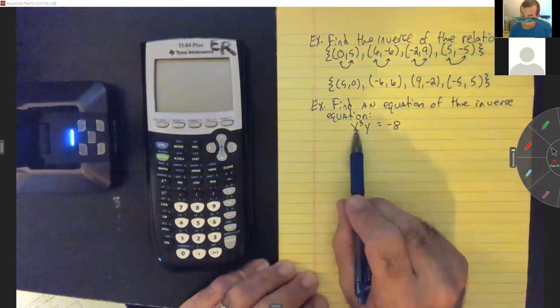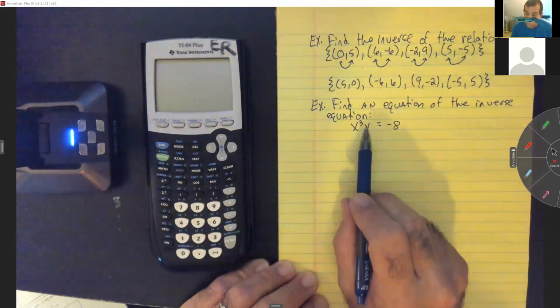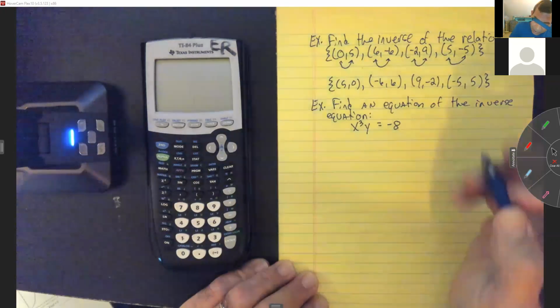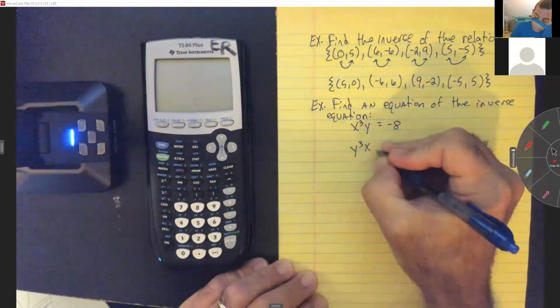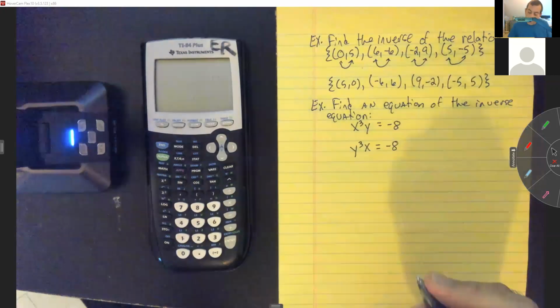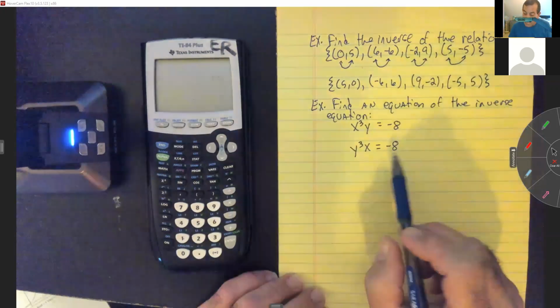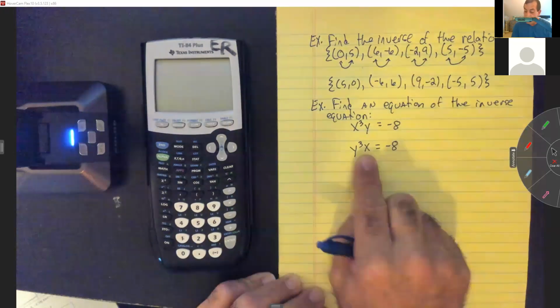So in this form, since they're giving me x's and y's in this equation, all we got to do is switch the x and the y around so that the inverse would be y cubed times x equals -8. Now notice, I don't switch the signs on the numbers. All I did was switch that x and the y around, just like we did in these points.